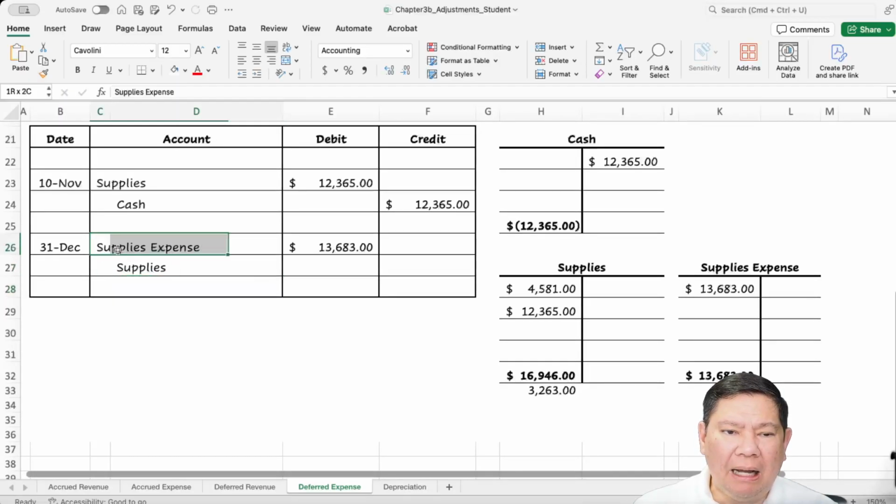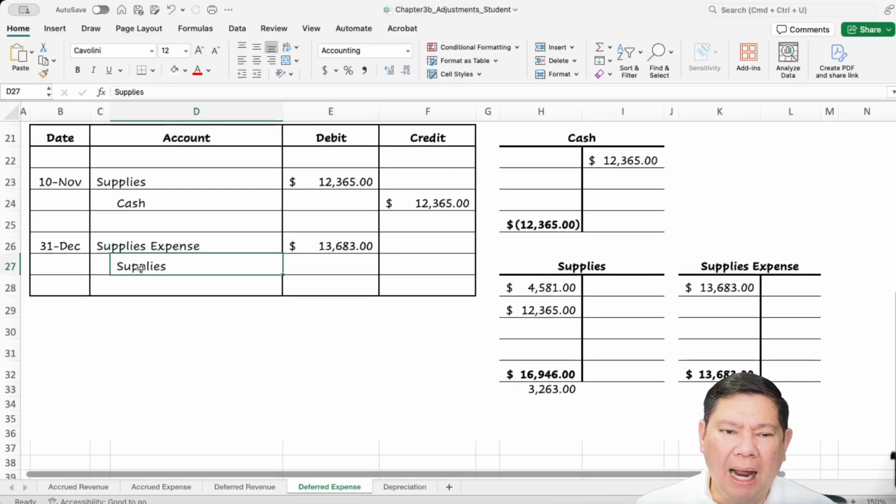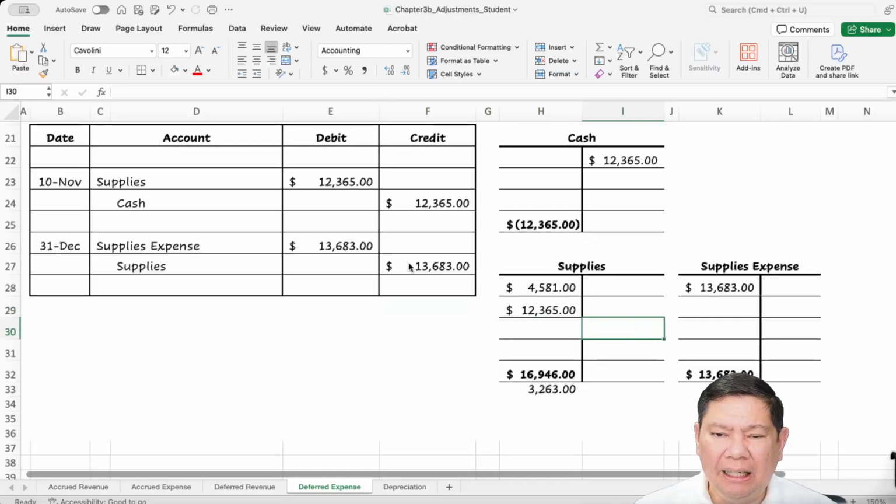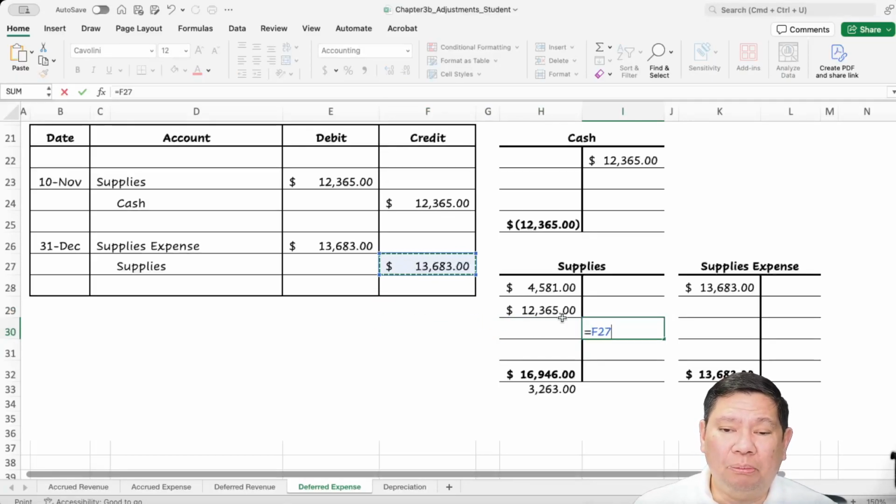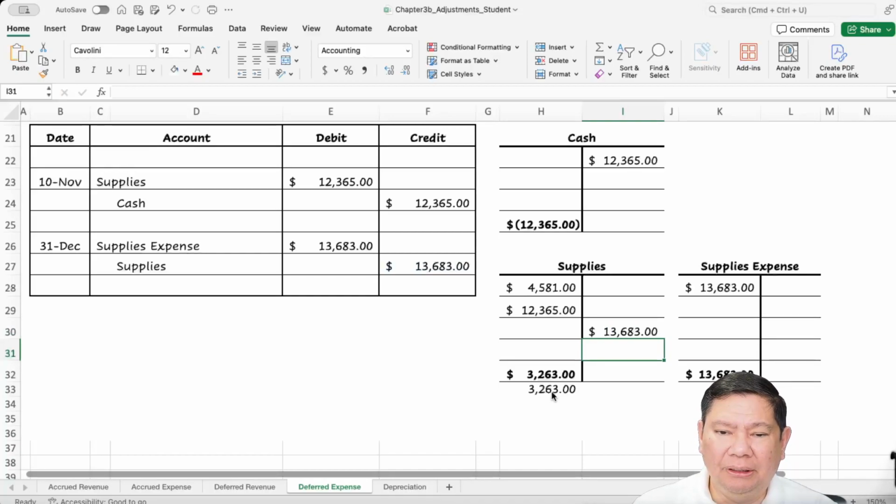So one income statement account and one balance sheet account by the same amount, $13,683. So if we put that as a reduction of our supplies, the ending balance should match the count. So that's the same amount.